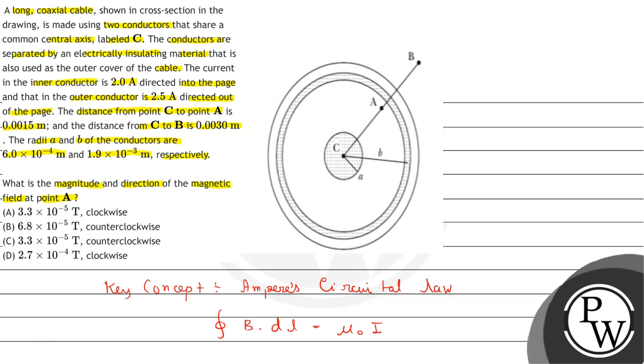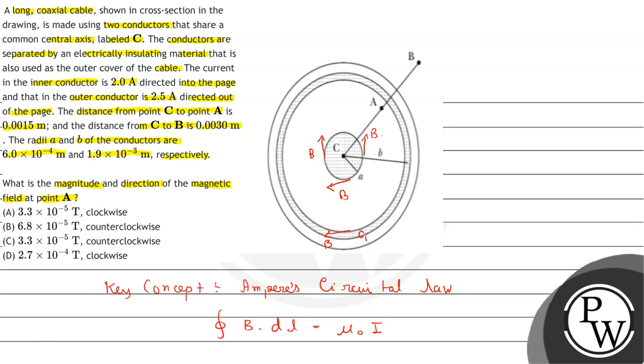Now in the figure, in the inner loop, the magnetic field is acting tangentially. Suppose this is our loop C1, and here the magnetic field also acts tangentially.